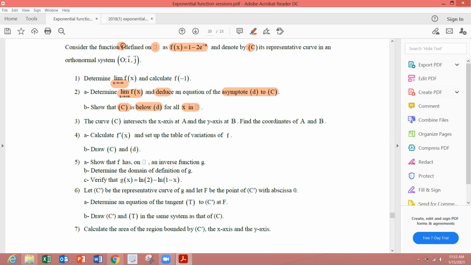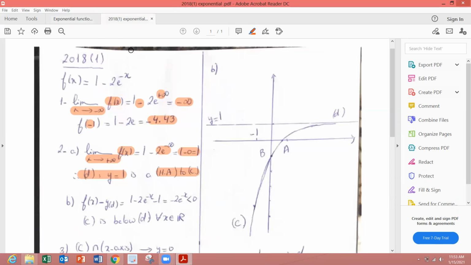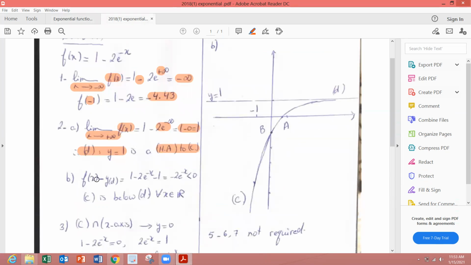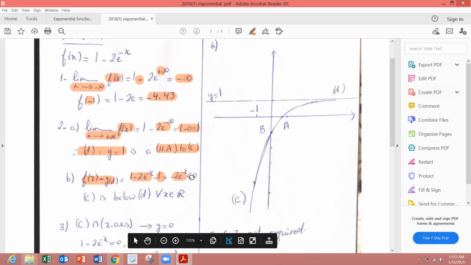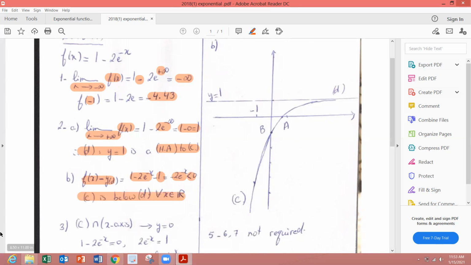Negative. We get minus 2e to the minus x. E to the minus x is a positive number, multiplied by minus 2 it will be negative. Then C is below D for every real number.